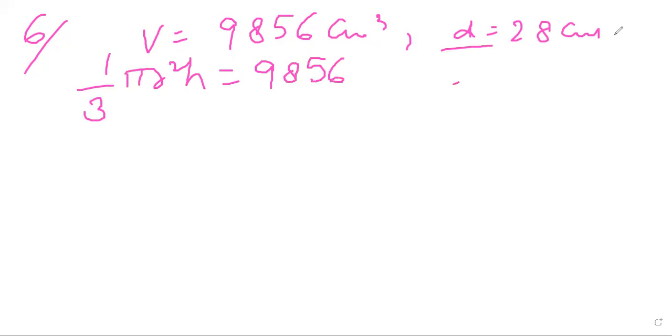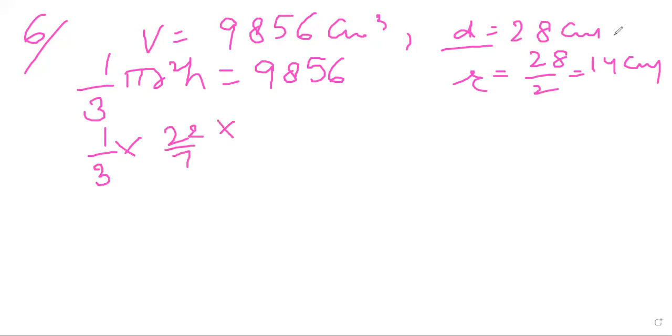As we have given diameter, so radius will be 28 divided by 2, 14 centimeter. So 1 upon 3 into 22 upon 7 into radius 14, 14 into 14 into height, which you have to find out, is 9856.